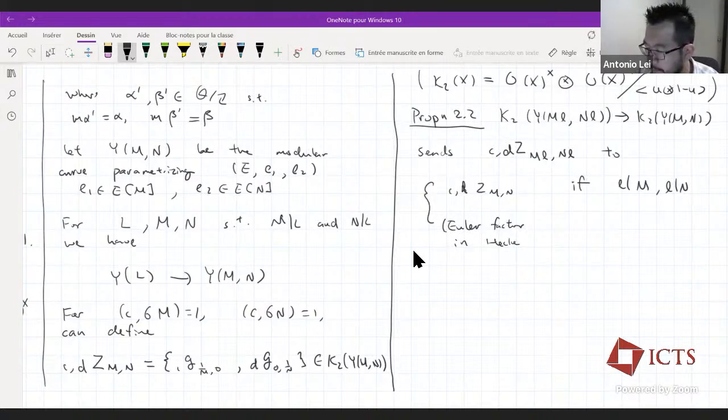I won't specify the exact relation, but it would be given by some Euler factor involving the Hecke operator at L.